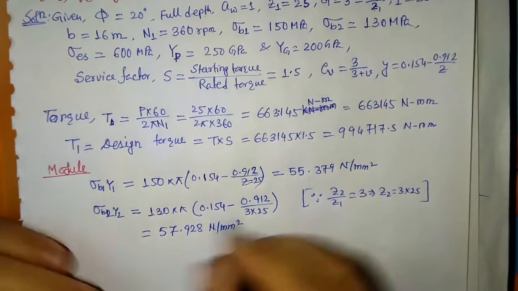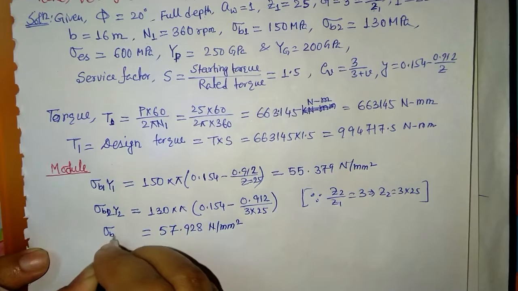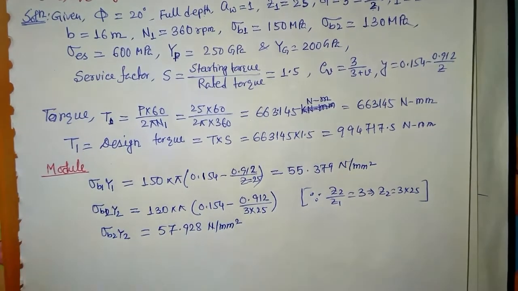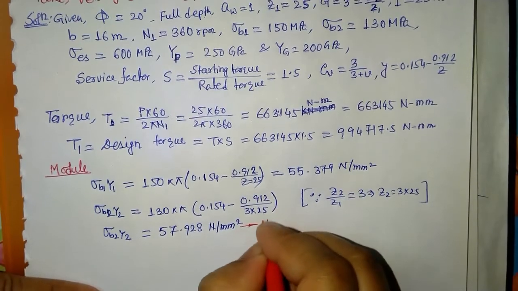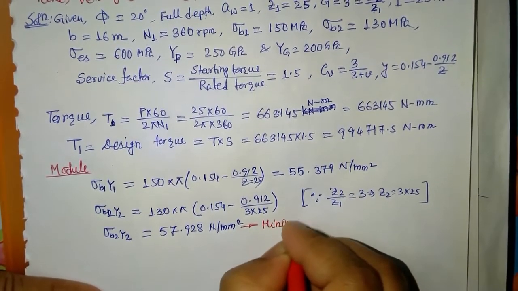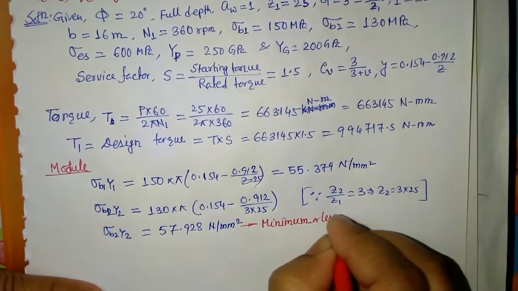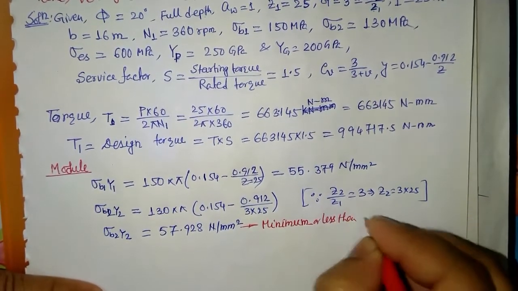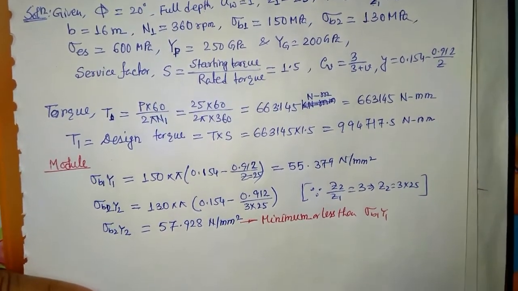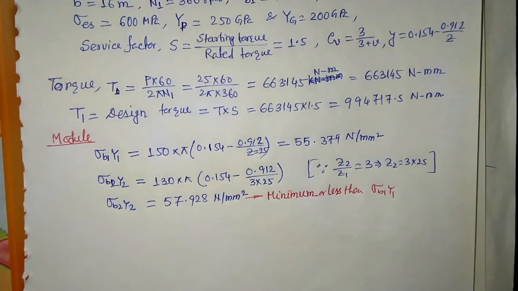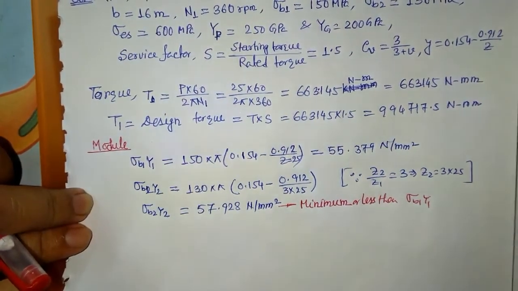So sigma b1 y1 is the minimum, or less than sigma b2 y2. So which one will be our weaker gear? The weaker gear will be the pinion.